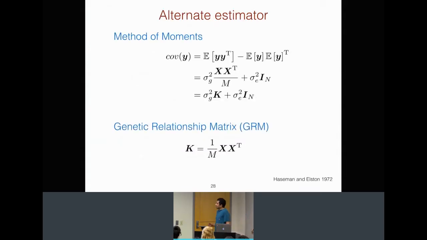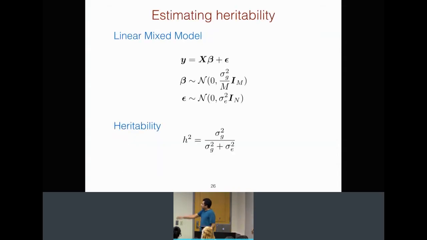An alternate way of estimating parameters in a statistical model is, instead of trying to maximize the likelihood, to match up the different moments of the model. Moments of a model would be the mean, the covariance, and so on. In this model, the mean of y is 0, so there's no information there.